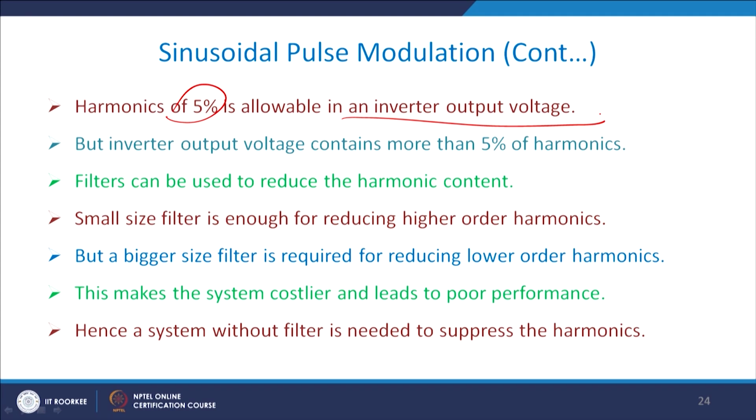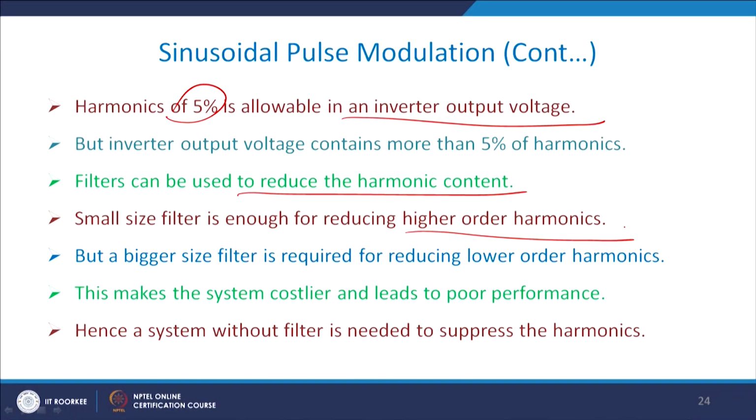So, voltage THD is required to be around 5%, but the inverter output voltage contains more than 5% harmonics. A filter can be used to reduce the harmonic content. That is the bottom line of it. When you are giving it to the customer, THD content has to be less than 5%.